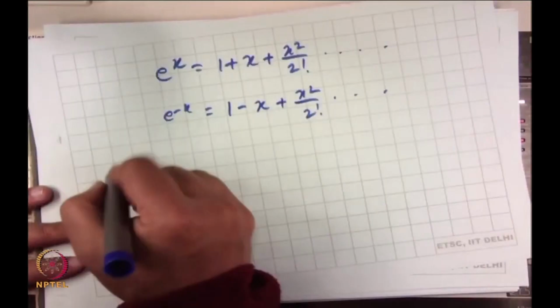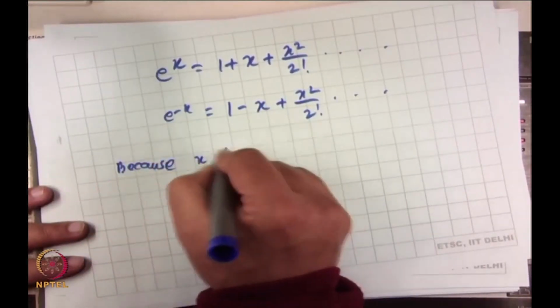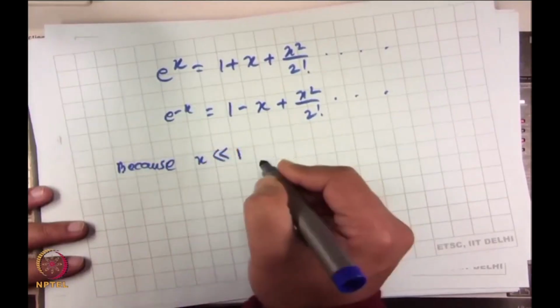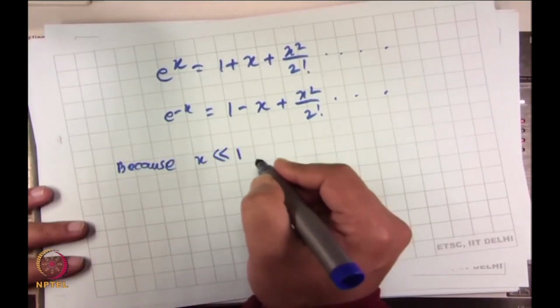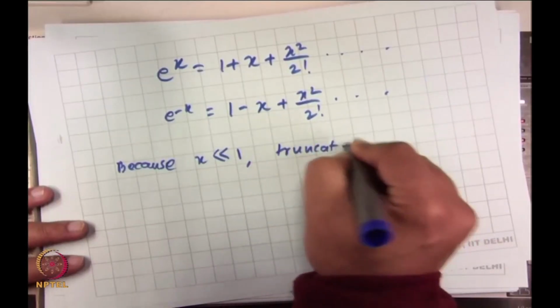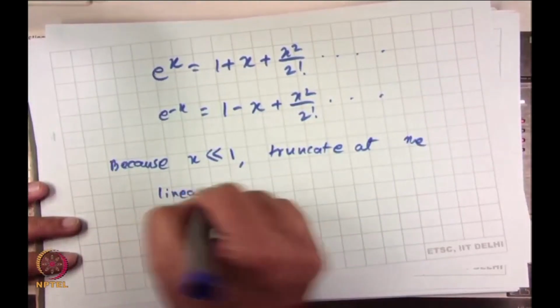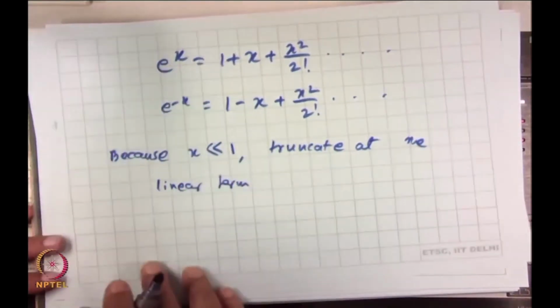But because x is much less than 1, or x is very small, what I can do is I truncate at the linear term.